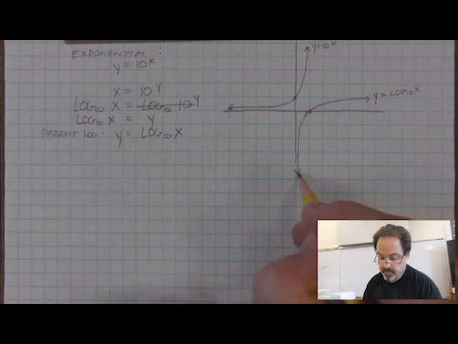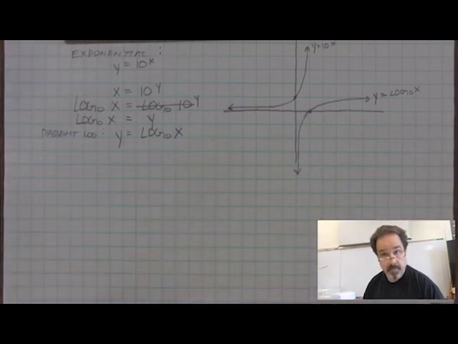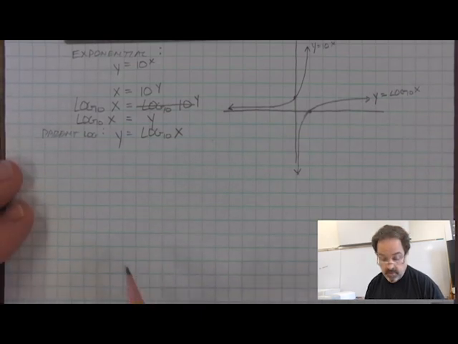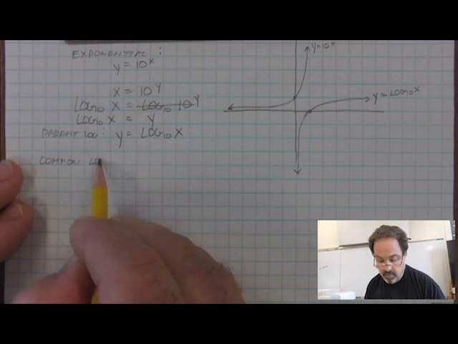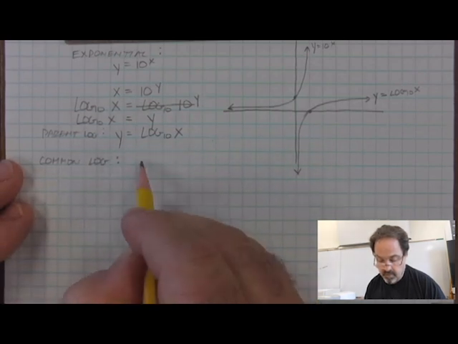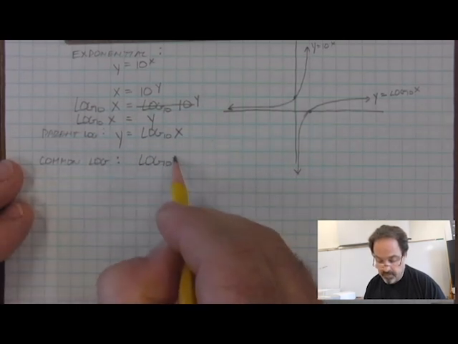Log base 10 is a little bit special because it's the most common log base to use. So we have what we call common log, and that is log base 10.